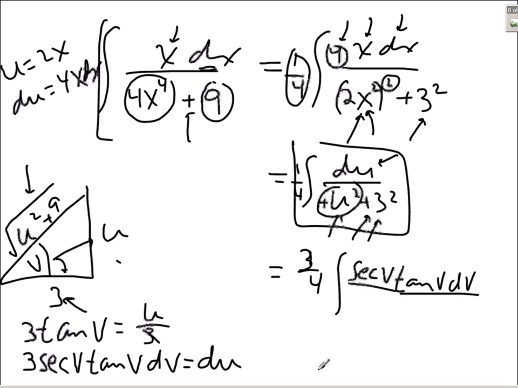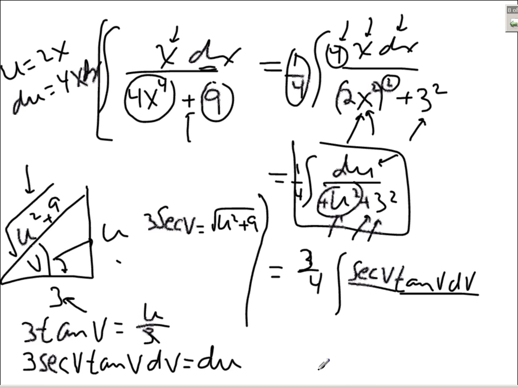Hypotenuse divided by the adjacent with respect to angle v. Adjacent, that's the secant. Turns out that the secant of v is the square root of u squared plus 9 over 3.